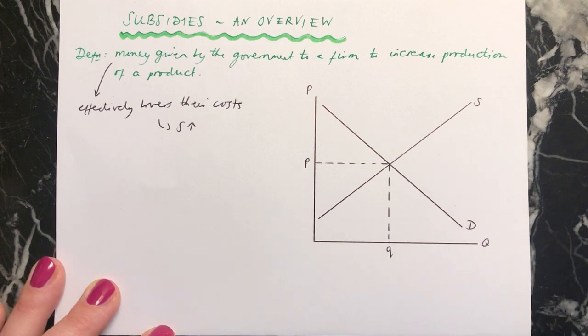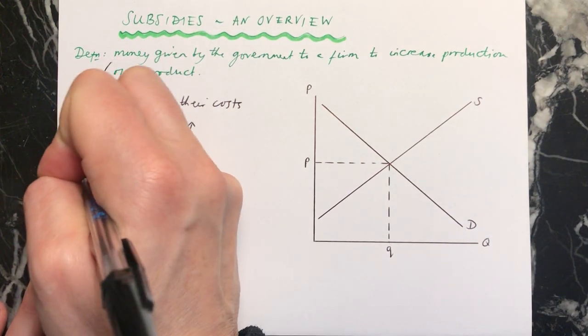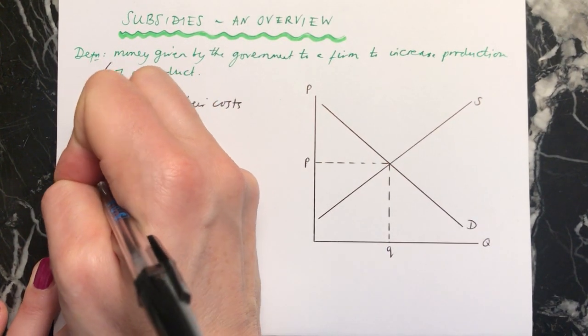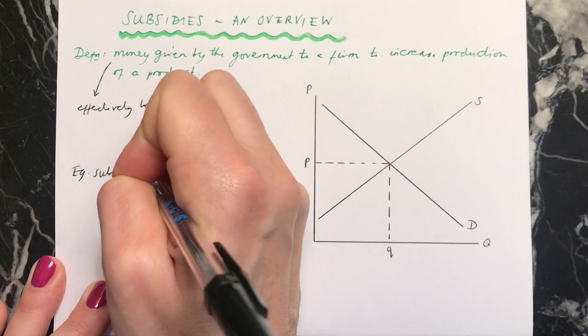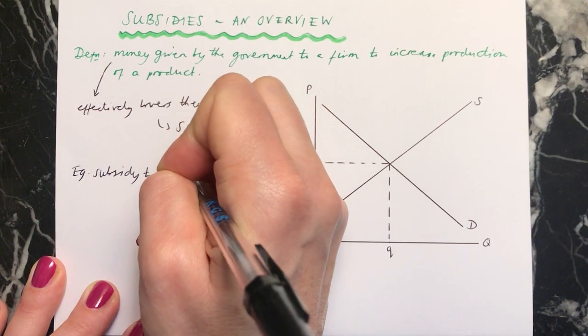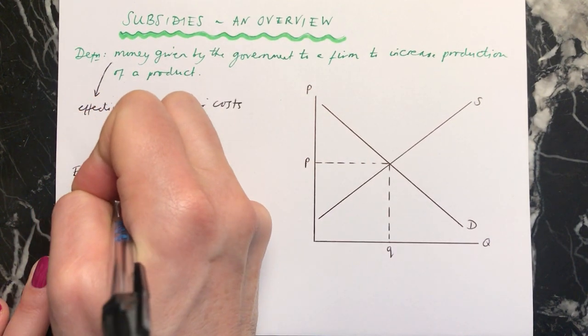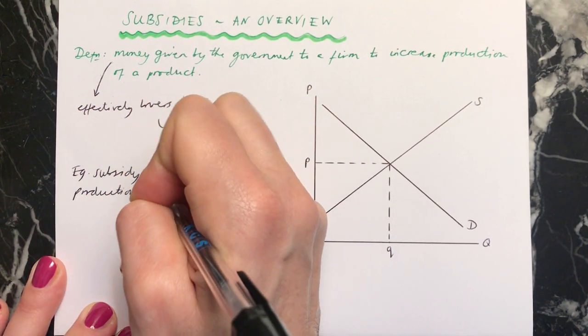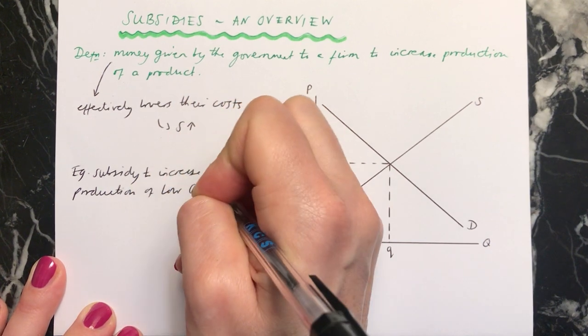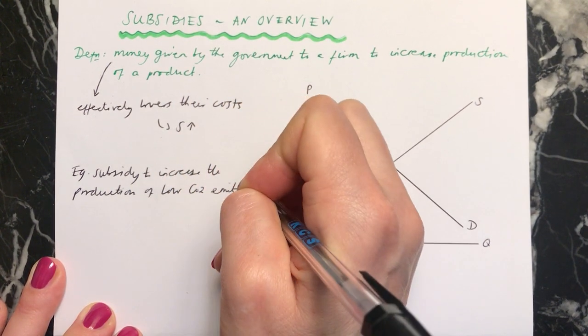And we can show the subsidy in action on a diagram. An example of a subsidy might be a subsidy to increase the production of low CO2 emitting vehicles.